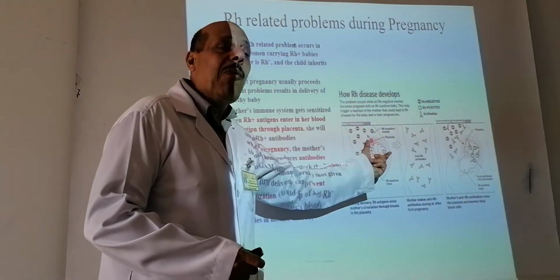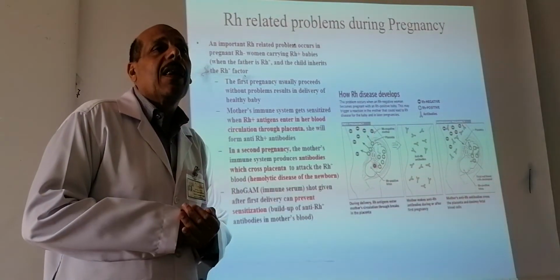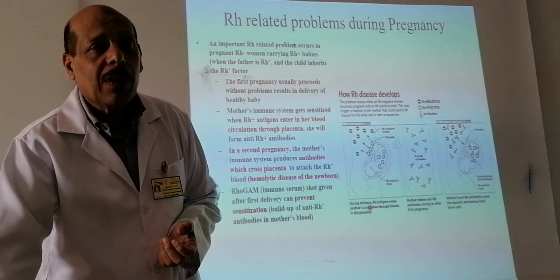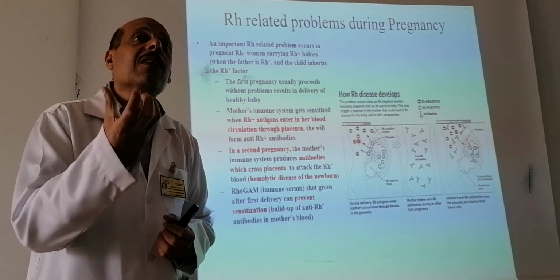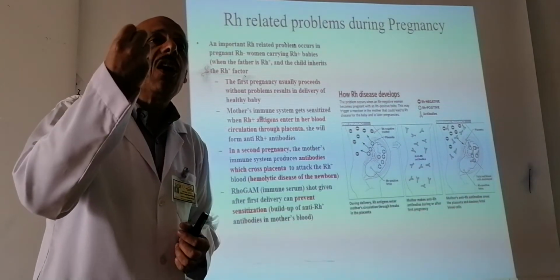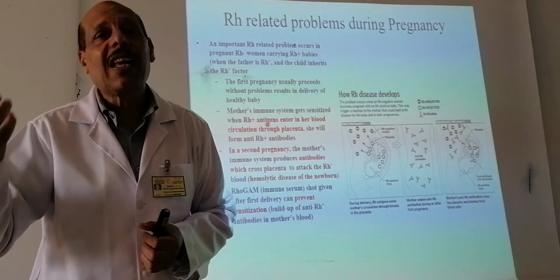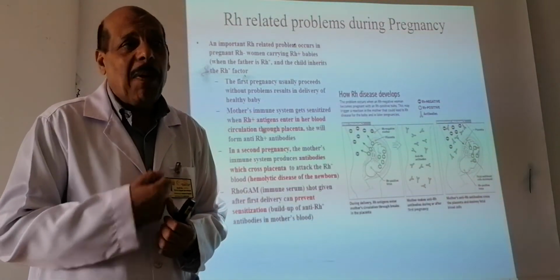Because of that, it will give immunity to the child after birth. So when those antibodies are transmitted through the placenta to the new embryo, it will lead to destruction of his blood cells. It will lead to agglutination and hemolysis of his blood cells.